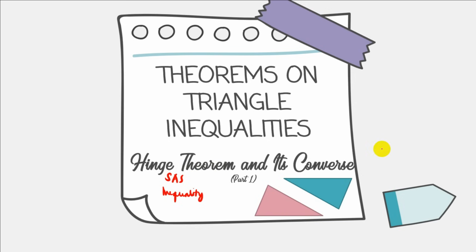Doon naman sa converse, we have the SSS Inequality Theorem, kung saan ang given naman dito ay two corresponding congruent sides and then the third sides ay magkaiba. Okay? So, dito naman i-apply yung side angle inequality theorem for both of the triangles na ang ibig sabihin is the longer the side, the larger the angle, and then the shorter the side, the smaller the angle.